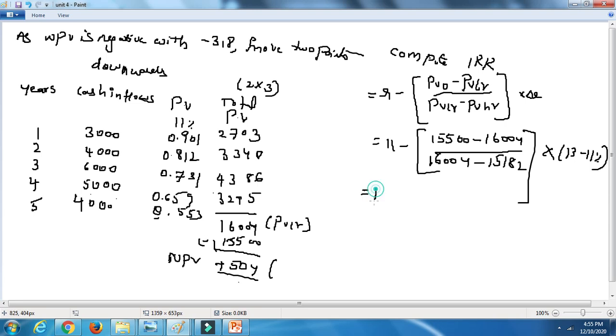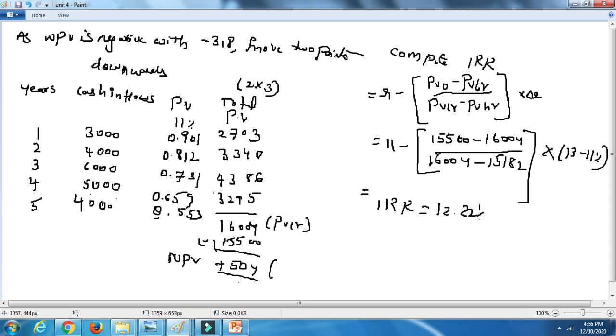If you do this all, I am not going to do individually, subtract them, then divide them, you are going to get 12.22. You are going to get IRR as 12.22%.